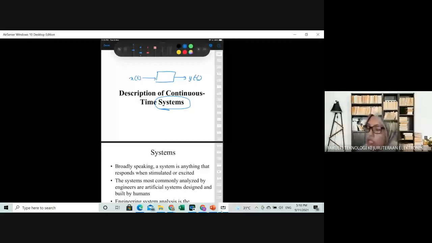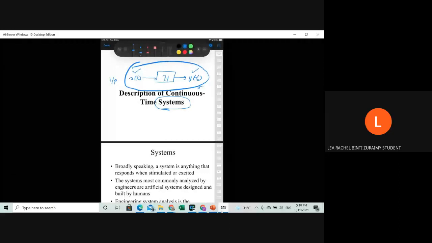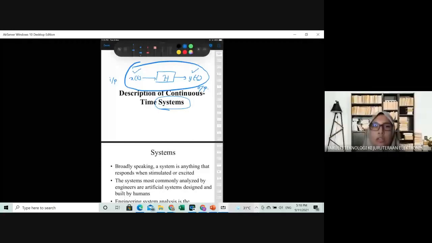This is the whole system. x(t) is the input, y(t) is the output.